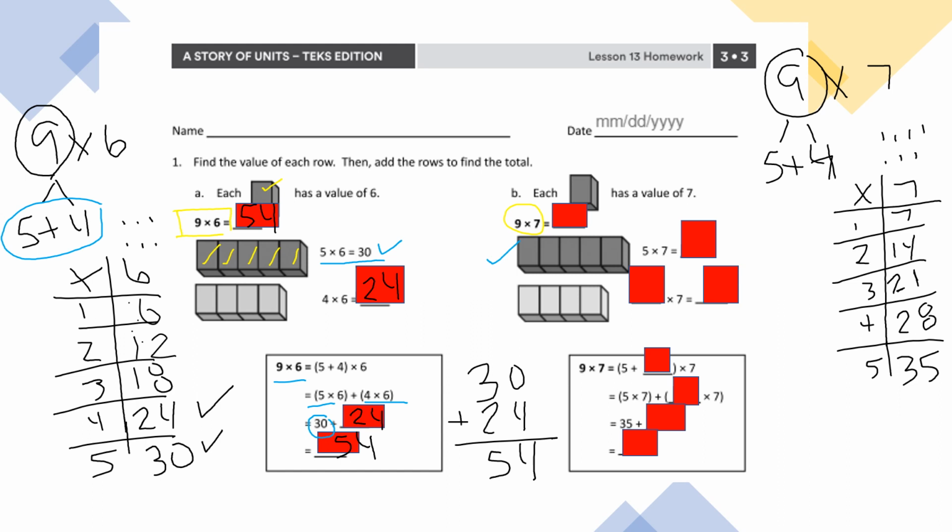All right, and we're only going to be using 4 times 7 and 5 times 7.